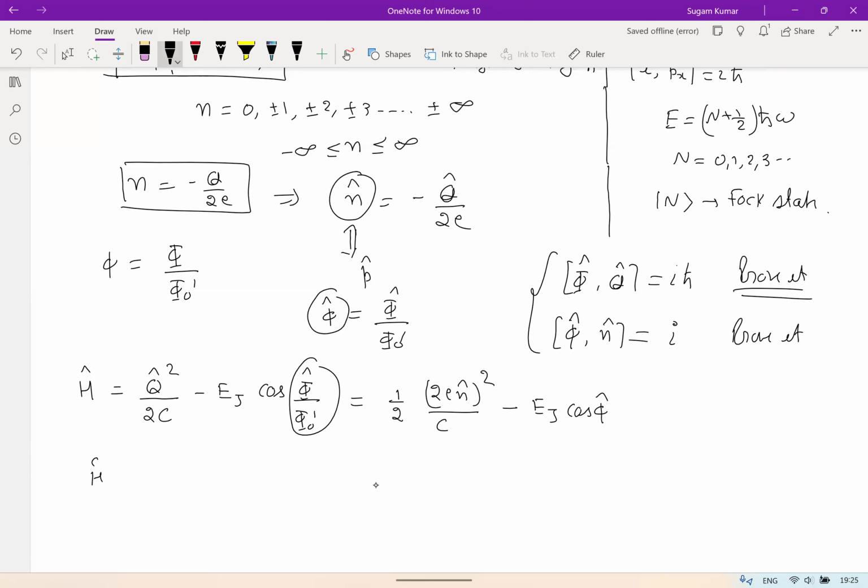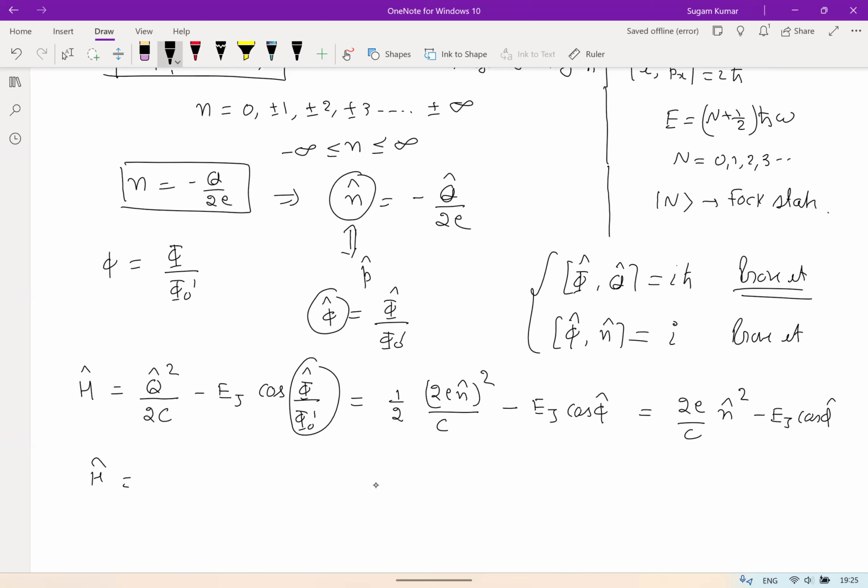So this equation is going to turn further into 2 times 2, 2 times e square upon C, into n cap square, minus EJ into cos phi.